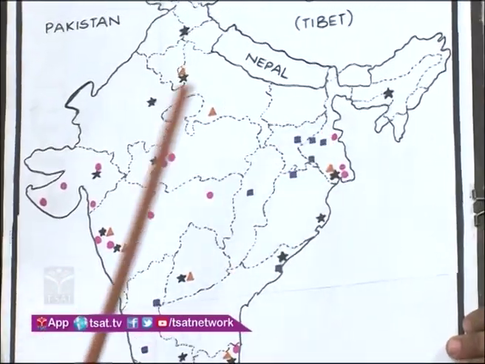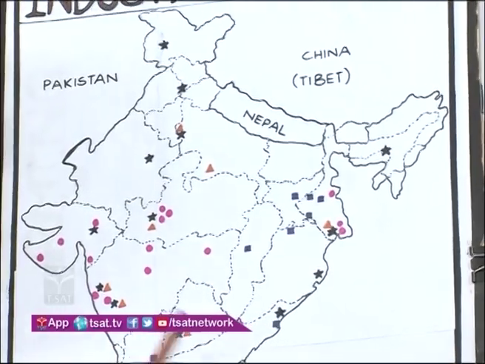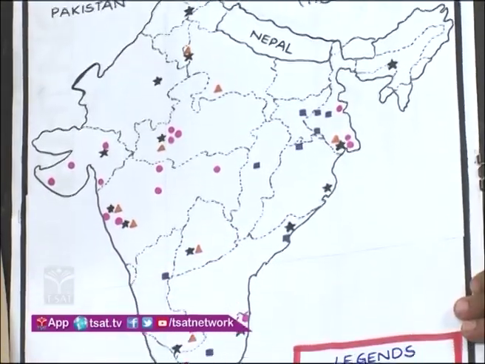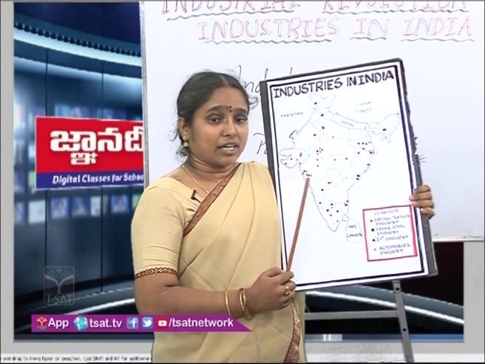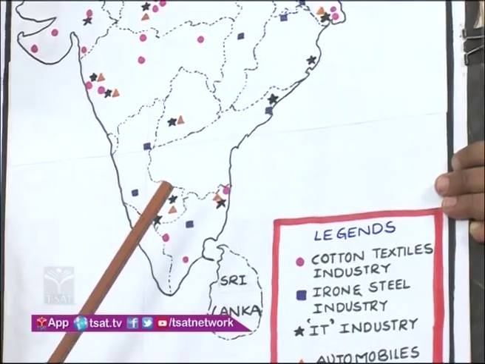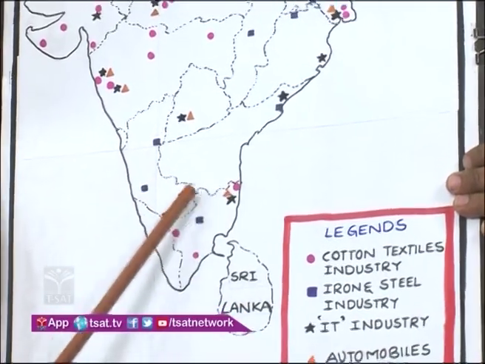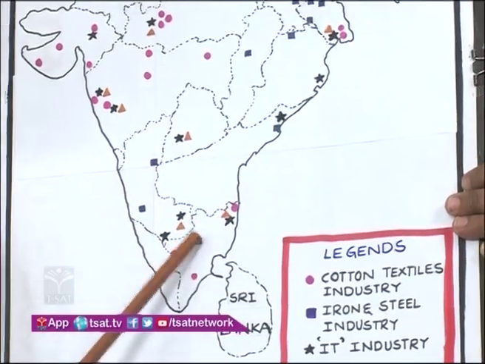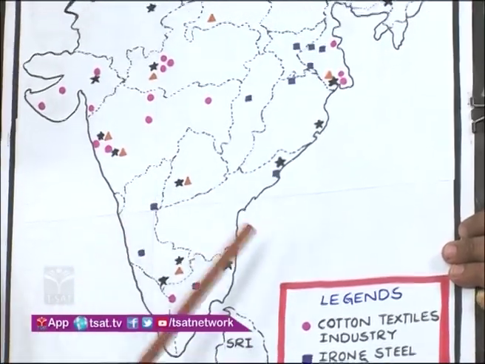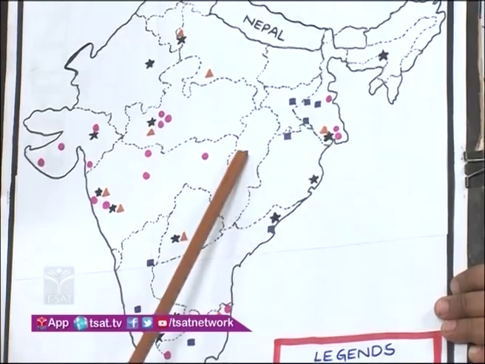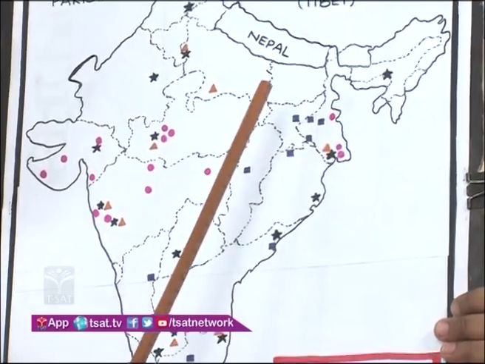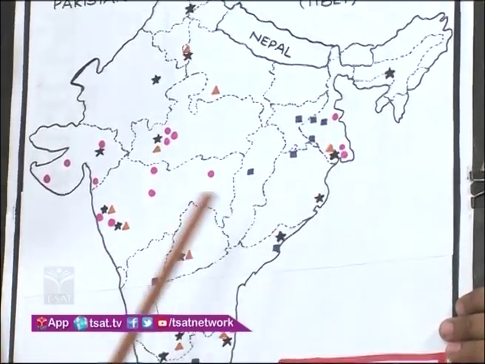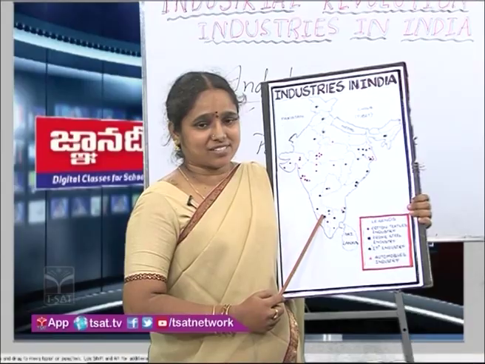textile industries have developed. The second one is the iron and steel industry. Iron ore must be available in the plateaus, isn't it? So in the Deccan Plateau region you can see 1, 2, 3, and in the Chota Nagpur Plateau region 1, 2, 3, 4, 5, and 6. These are all iron and steel industries.